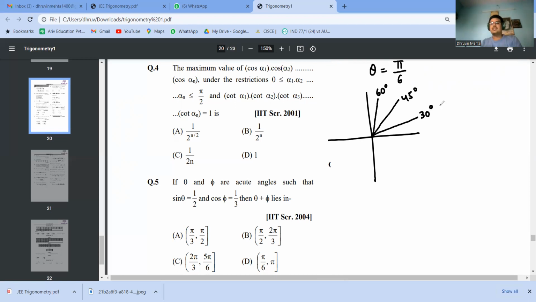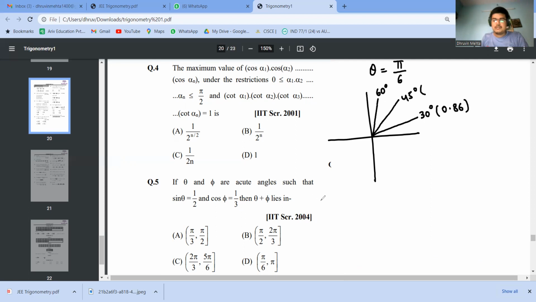What is cos of 30 degrees, guys? Cos of 30? Root 3 by 2. If I ask the decimal value of root 3 by 2, it is 1.732 upon 2, which is approximately 0.86. What is cos 45? Cos 45 is 1 by root 2.